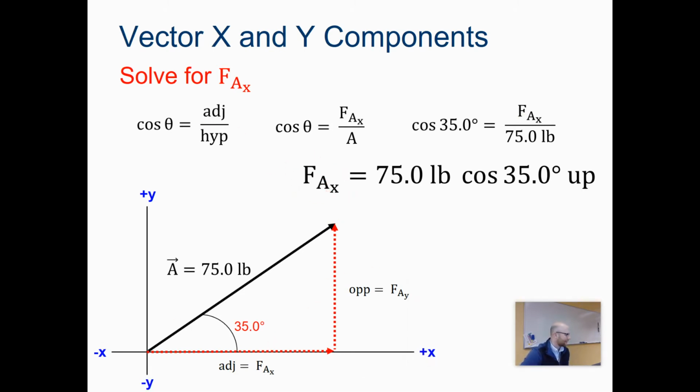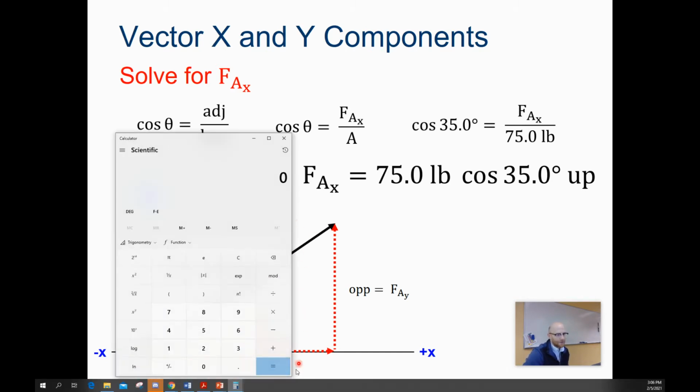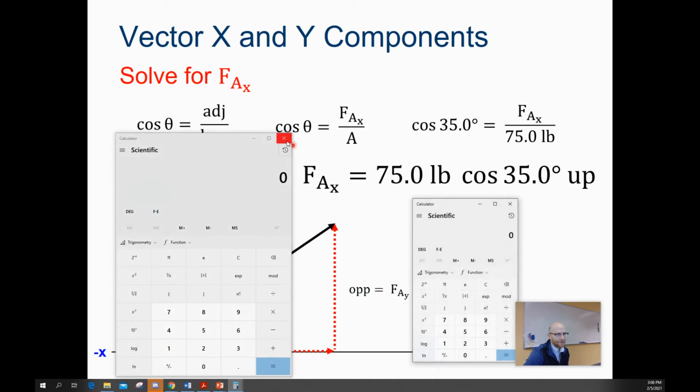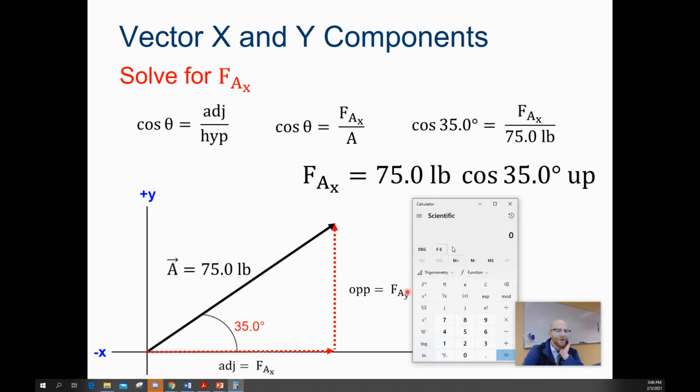I'll get my calculator back up here. So how do you do this in the calculator? Most of you already know: 35 with the trig function of cosine. I'm on degrees. You might get a different answer if you're on radians, so we want to make sure we're on degrees here.